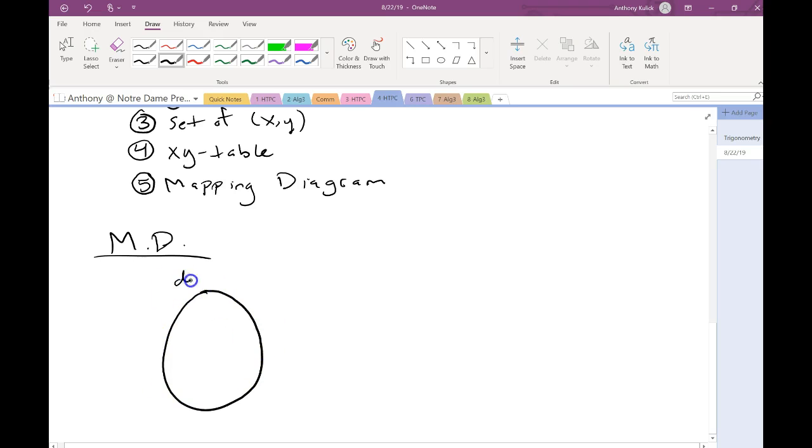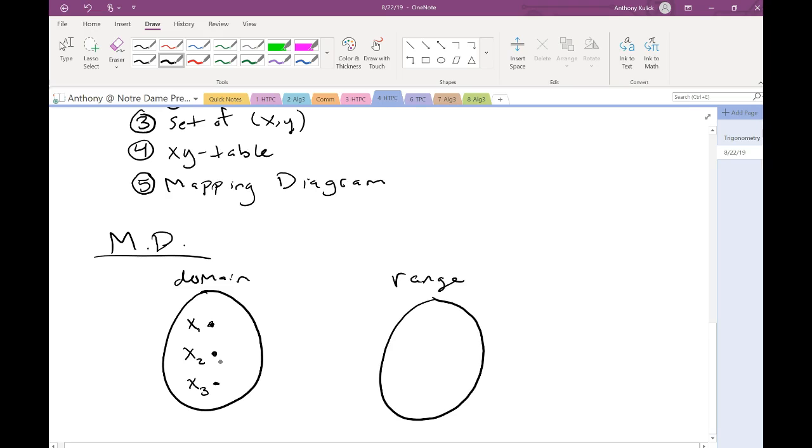So usually for a mapping diagram, we're going to draw 2 ovals to represent the sets for domain and range. Typically, the oval on the left is the domain and the oval on the right is the range. We then write in the names of some elements inside of those sets and usually put a dot next to it to represent where that element is in that set.